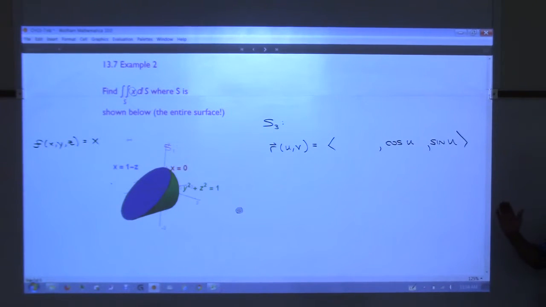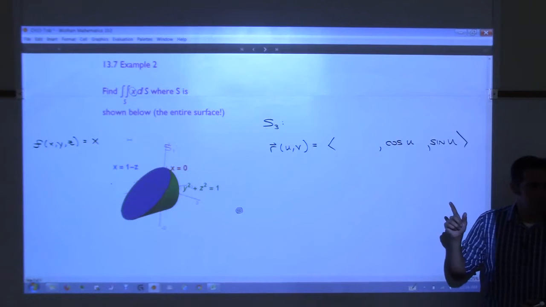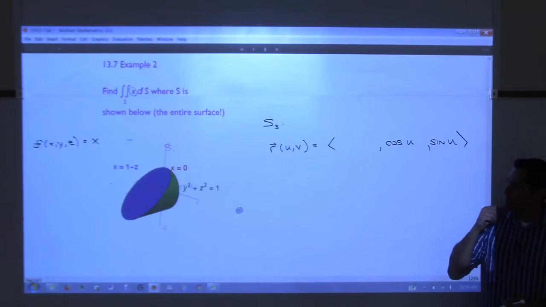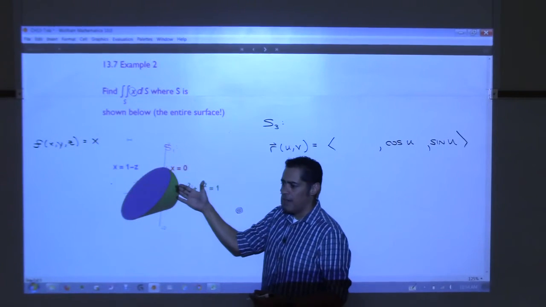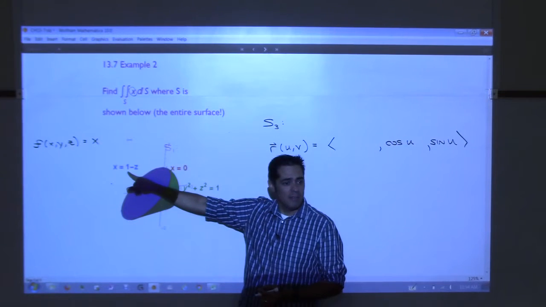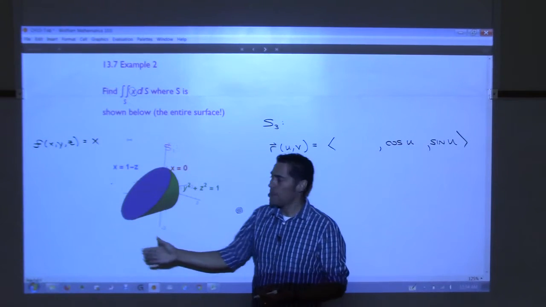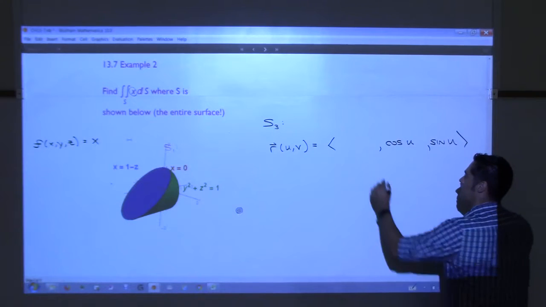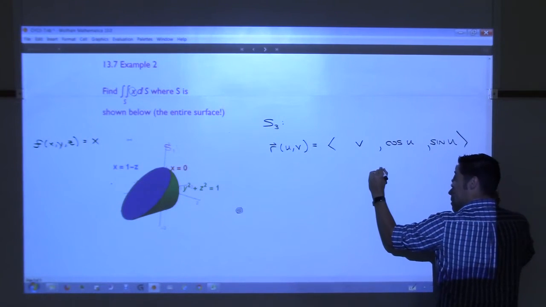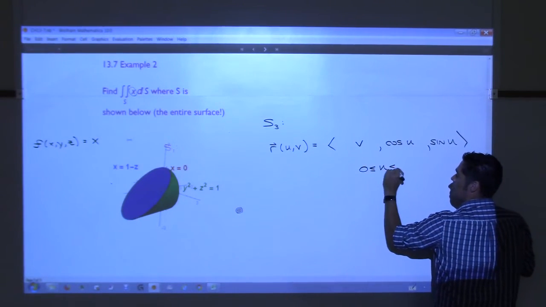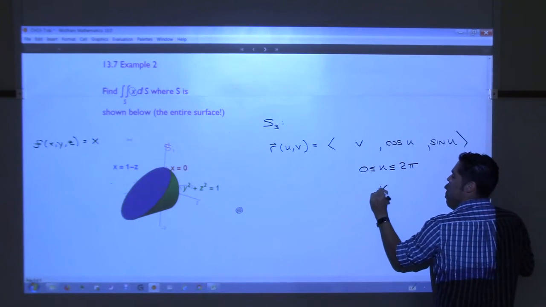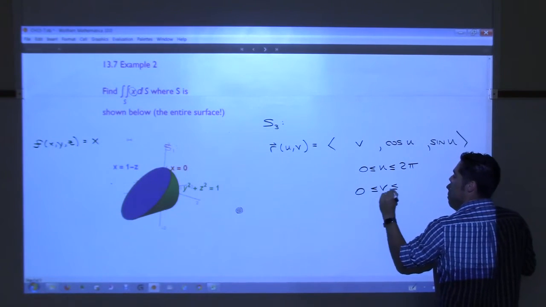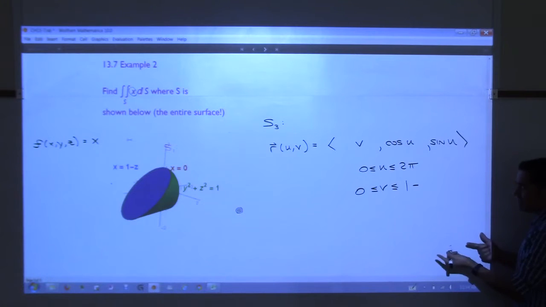I need that v, my x coordinate, to be between 0, which is the backside, and 1 minus z, which is the plane equation. So what do I put here? V. U is going to be between 0 and 2 pi, and V is between 0 and 1 minus z, but z is sine u.